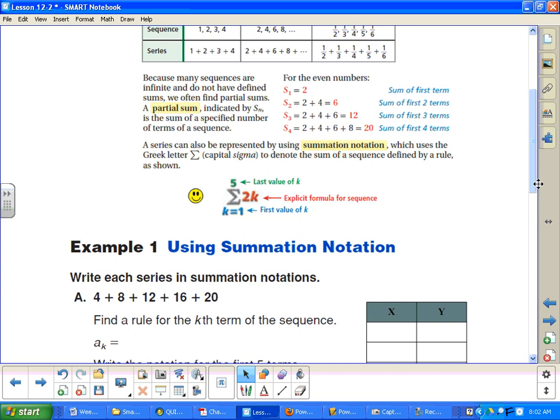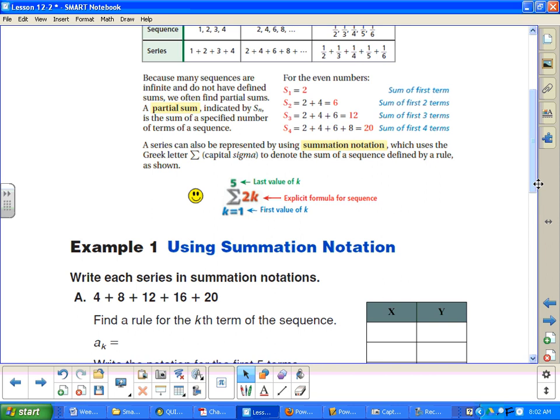The sigma means the sum, and underneath it is the first number we're going to start with, and usually we use k for summation. So k starts at 1 and goes to 5, and then the explicit rule we would use would be 2k in this situation.